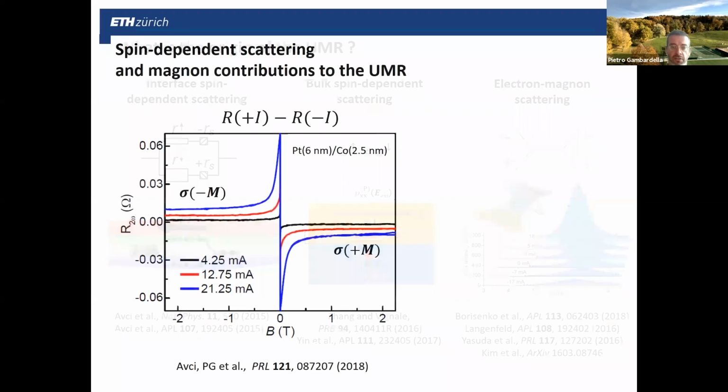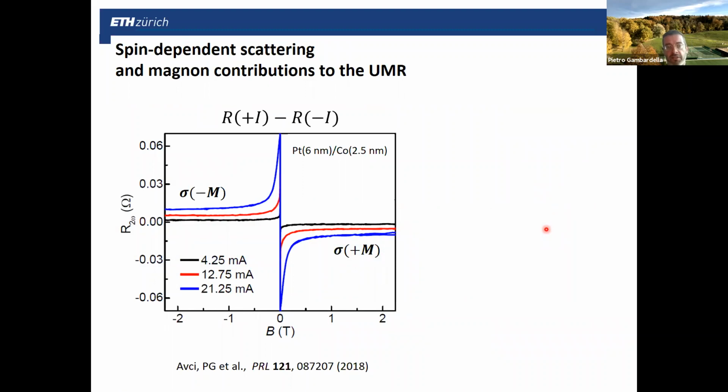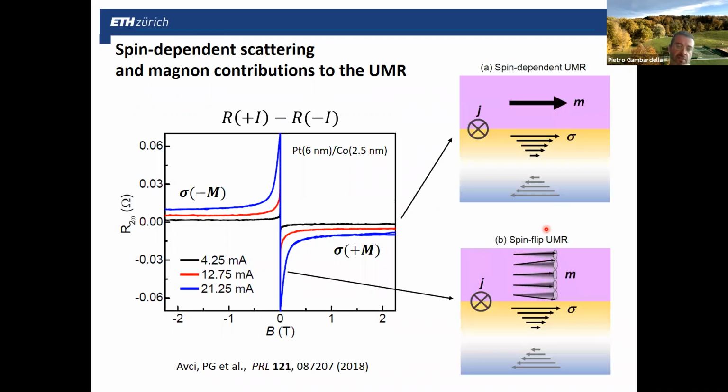So it turns out, from our later experimental studies, that all three types of effects can exist at least in metallic ferromagnets. So these are measurements on platinum cobalt bilayers. And we see that there are different contributions to this unidirectional resistance here. One is really akin to GMR.